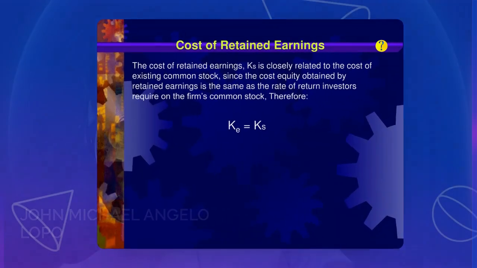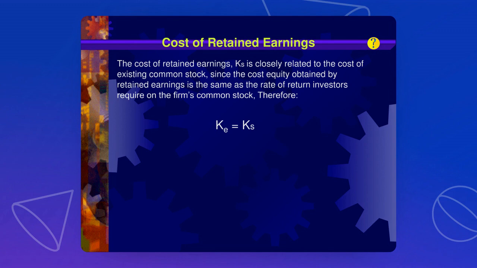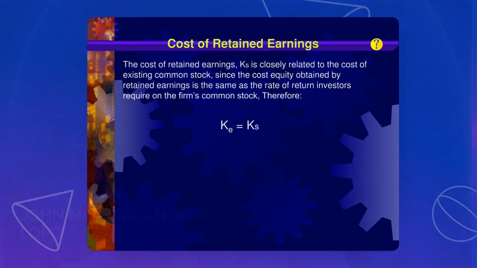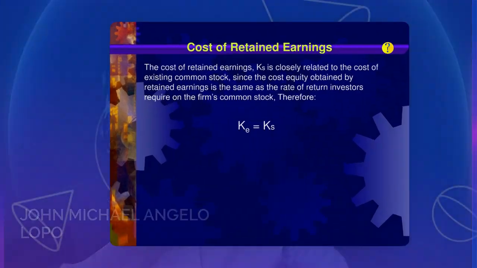Right. So, what is your cost of retained earnings? Please take note that the cost of your retained earnings, KS, is closely related to the cost of existing common stocks. Meaning, class, the formula of the cost of equity and the cost of retained earnings are the same.